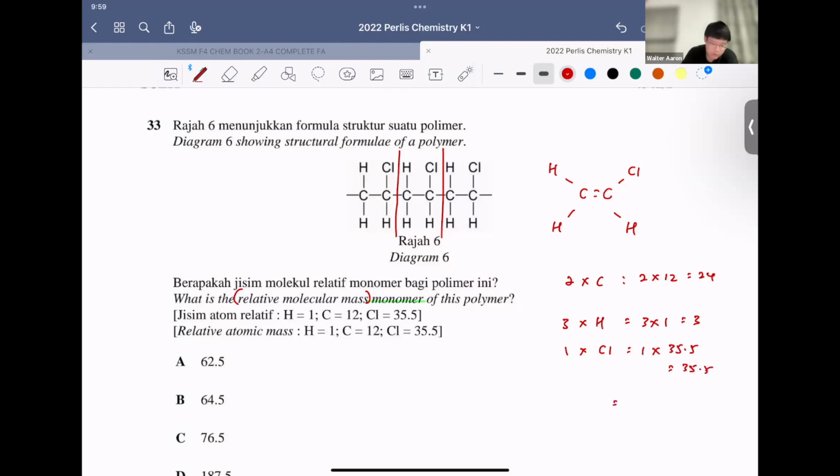So if you add all three together, let's see what we get. 24 plus 3 plus 35.5. So your answer here is supposed to be 62.5. So therefore, the relative molecular mass of this particular substance should be 62.5. Therefore, the answer is A.